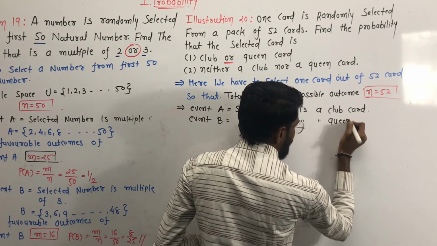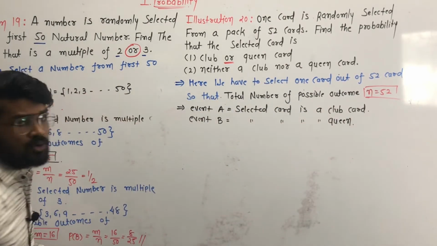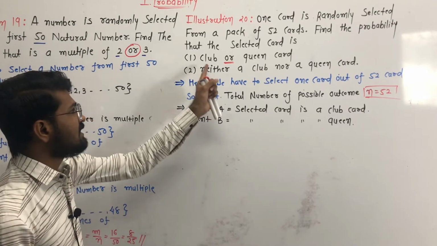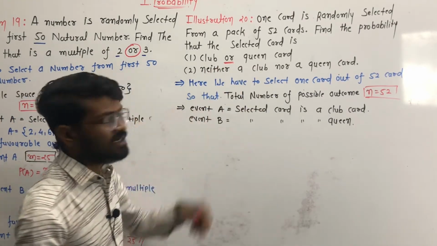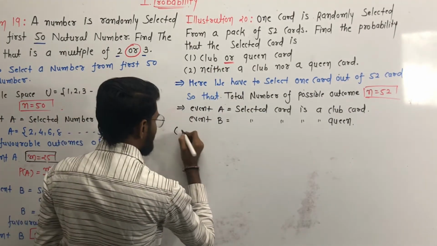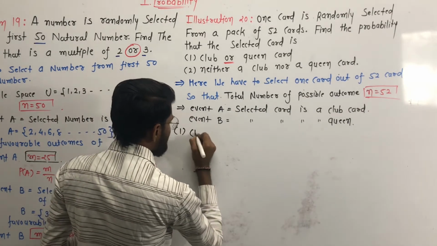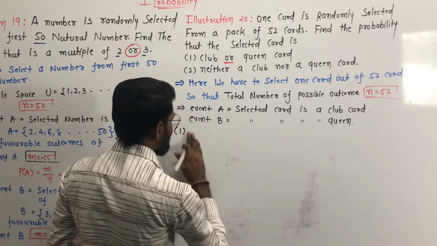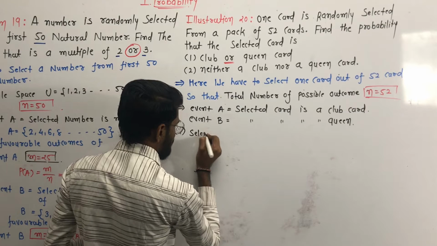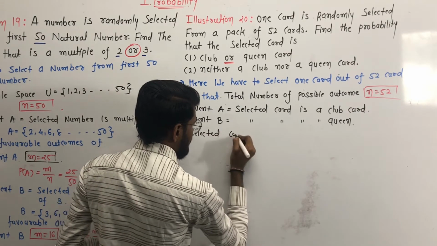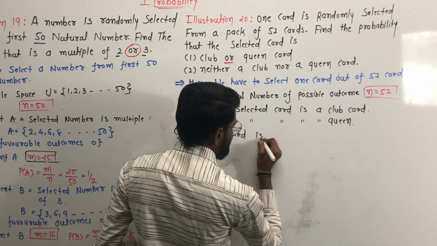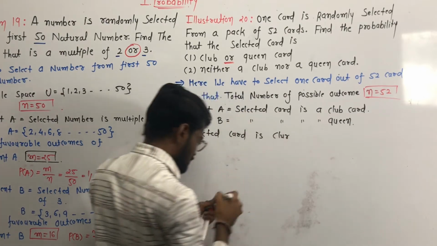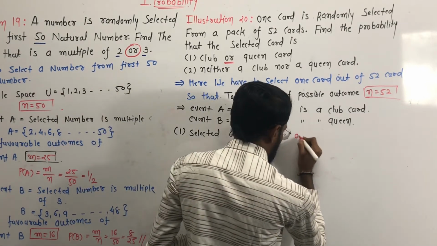Now we have to find the probability that the selected card is club or queen card.